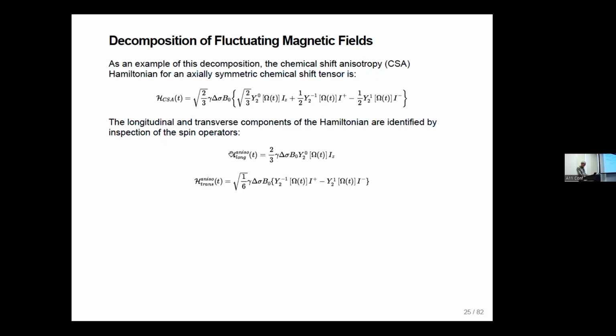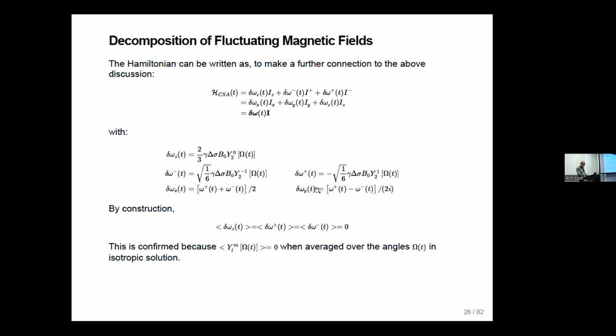So here I've just said, by inspection, the longitudinal part is everything that depends on the Z operators. And the transverse part is everything that depended on I plus or I minus or Cartesian operators. And I can write these in terms of frequencies. I can say the longitudinal operator has associated with it a time varying frequency that averages to 0.